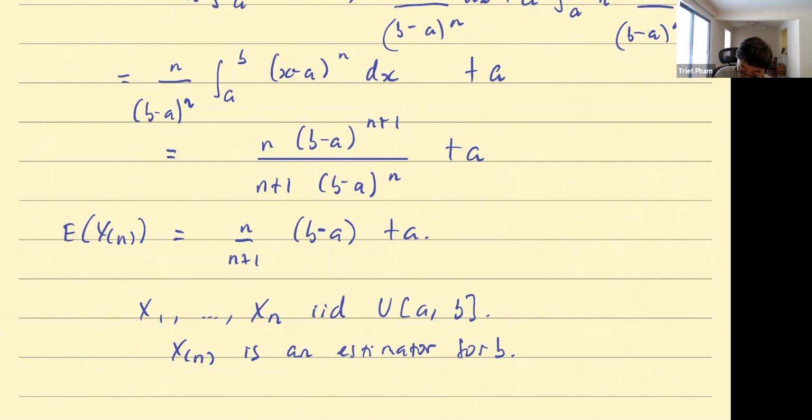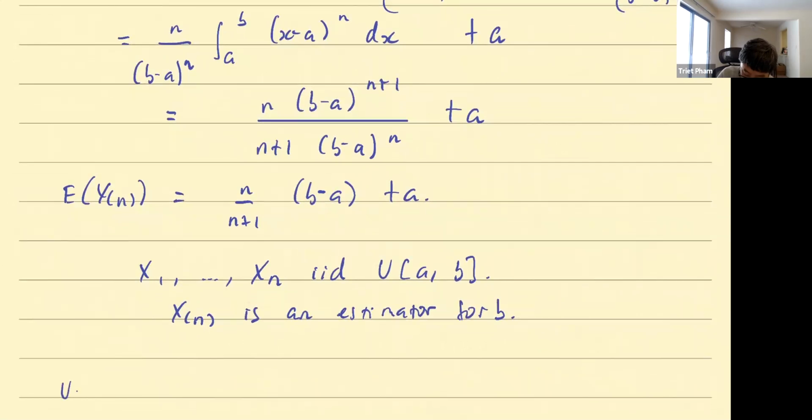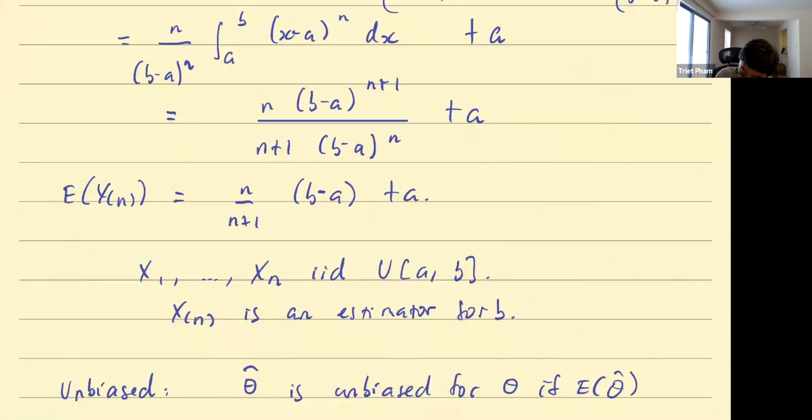The concept is called unbiased. Let me introduce that concept: we say an estimator theta hat is unbiased for theta if the expectation of theta hat is equal to theta.